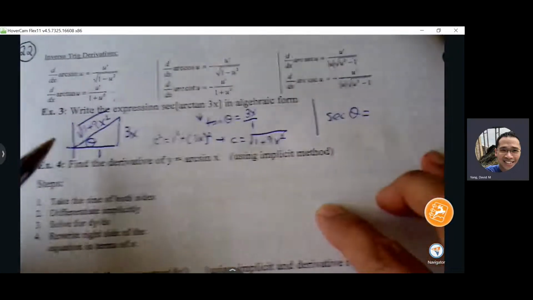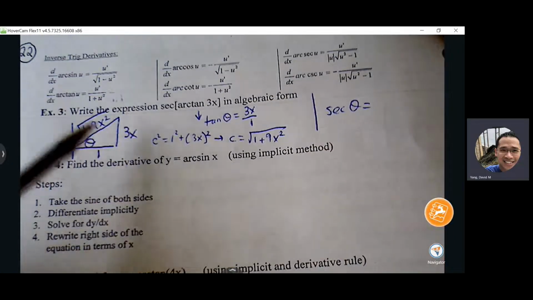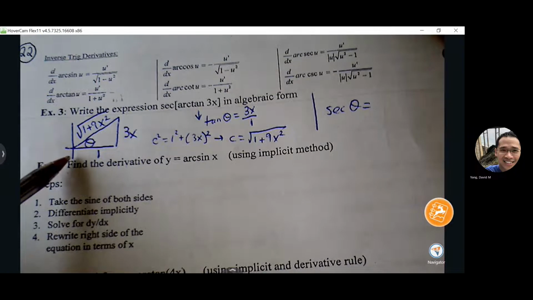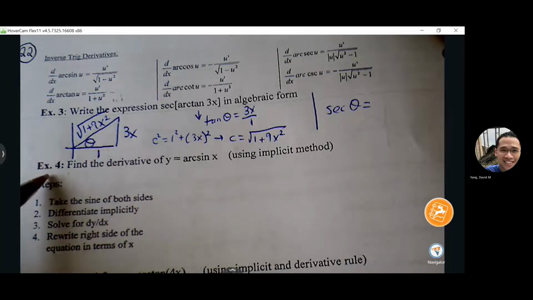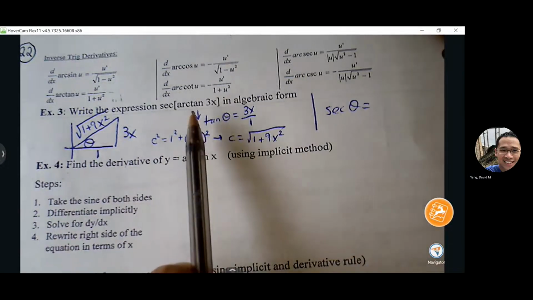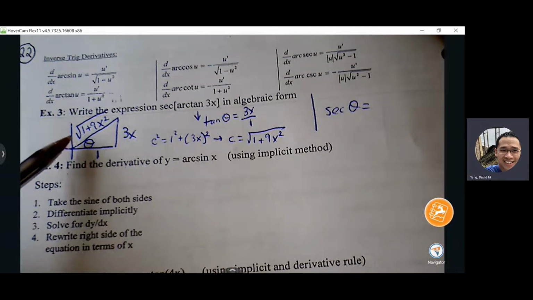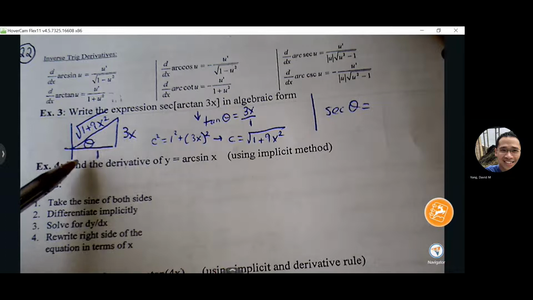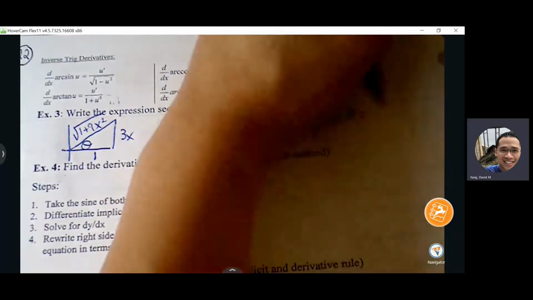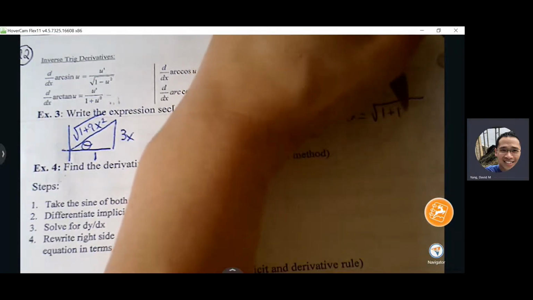So now that we have our triangle filled out, what is secant of theta? So secant is what? Hypotenuse over adjacent, right? So root 1 plus 9x squared over 1, or you can just leave it as root 1 plus 9x squared.